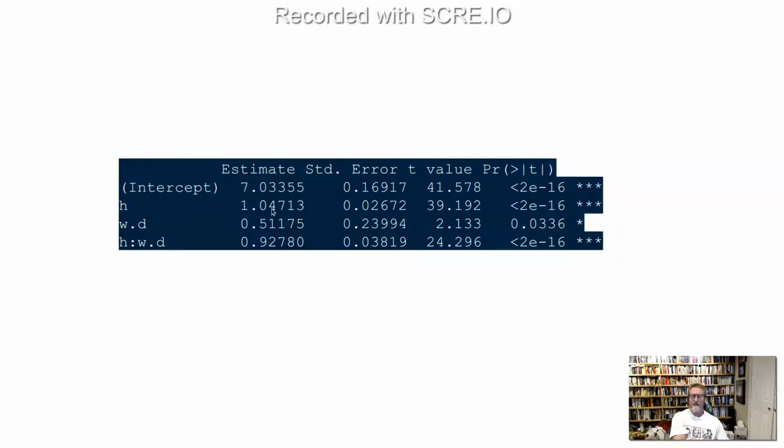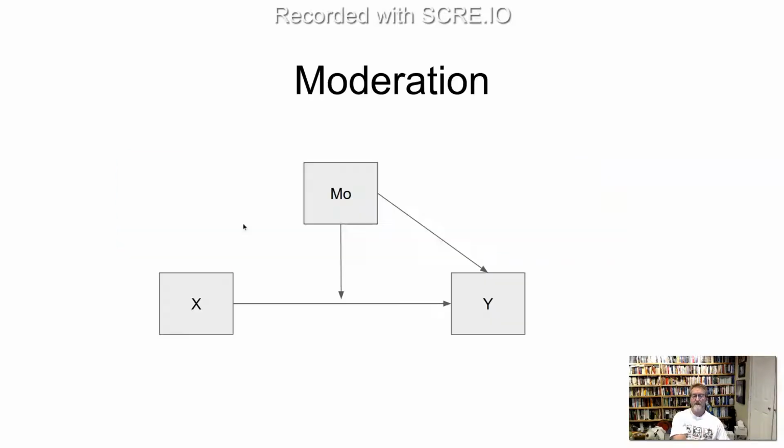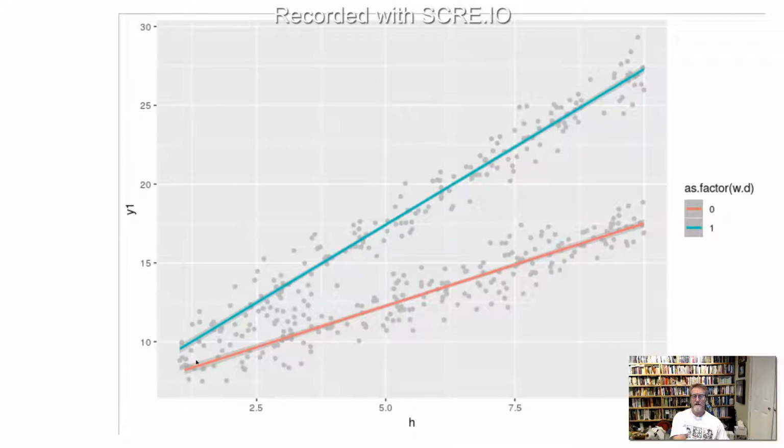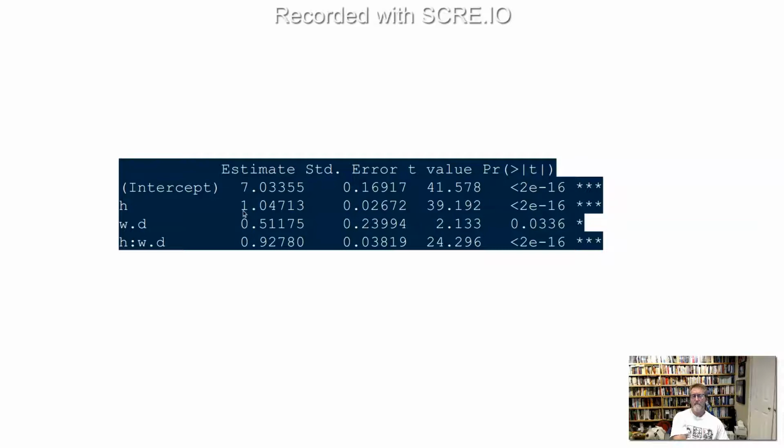So for every value that h increases by 1, my dependent variable y will increase by 1.04. That's significant at the 0.05 level with a standard error of 0.02 or 0.03, so that should have a slope slightly better than 1.